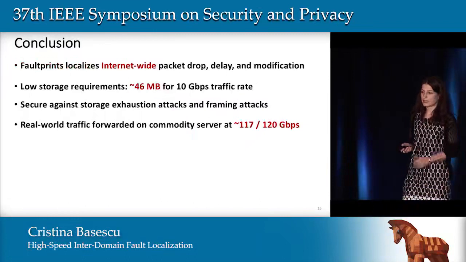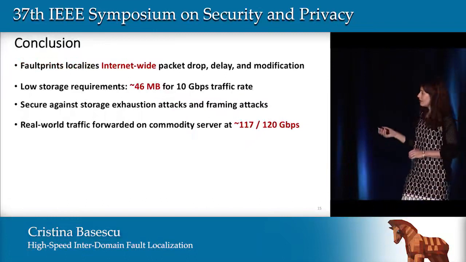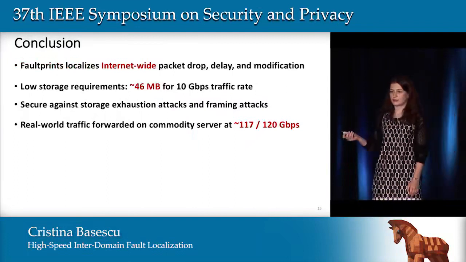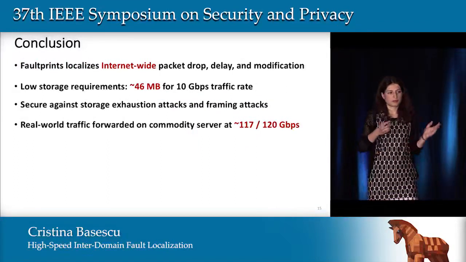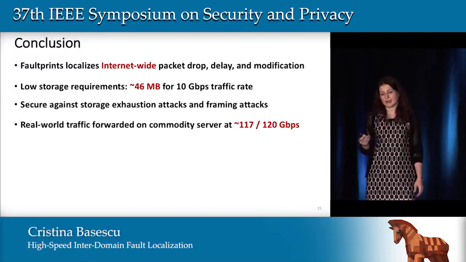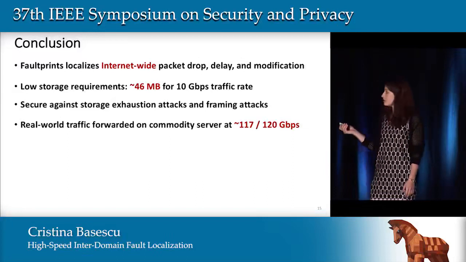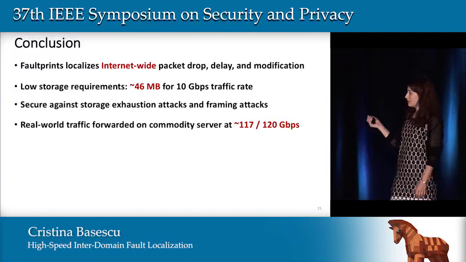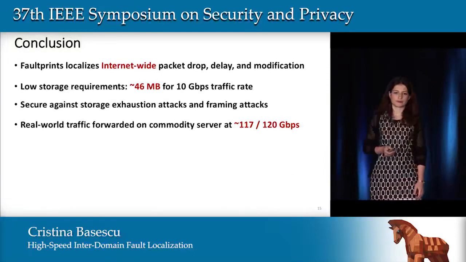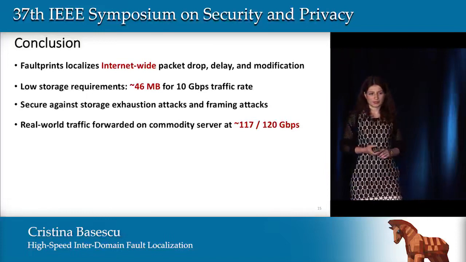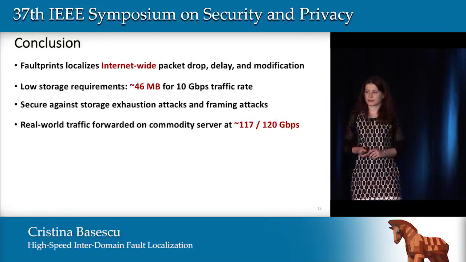In conclusion, I have presented FaultPrints, a fault localization scheme that scales to the size of the internet. And that's because we use probabilistic packet sampling. We have low storage. And you've also seen that the throughput is close to line rate for an internet mix data packet distribution. Thank you for your attention, and I'm happy to take questions.